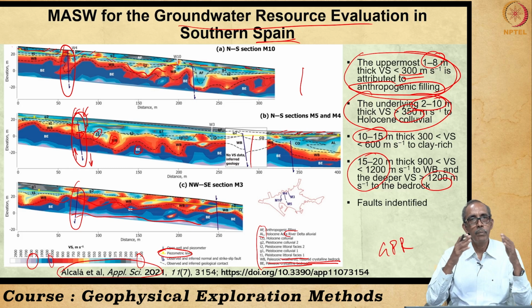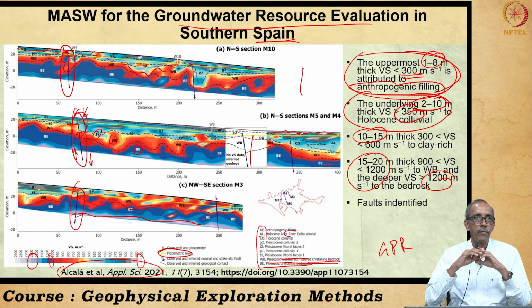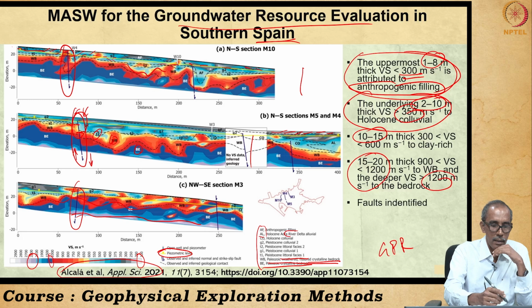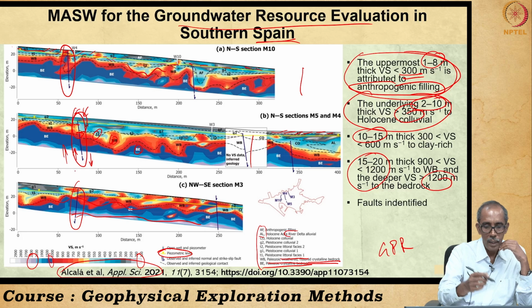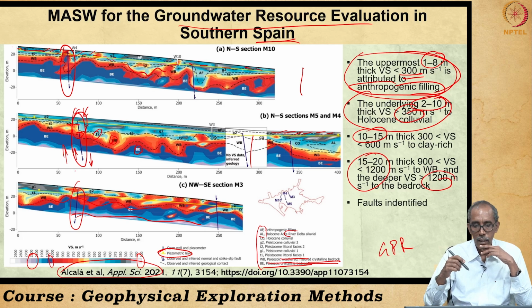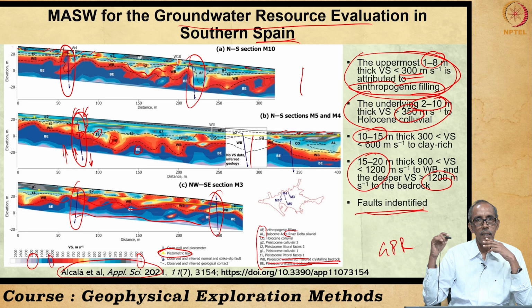Fault, as I told you previously, is a plane along which blocks of the earth have moved over, right? Like a shear, right? This has moved downward with respect to the one on the left hand side. So, faults were also demarcated, right? Here, right here too. So, faults could be identified using this technique.